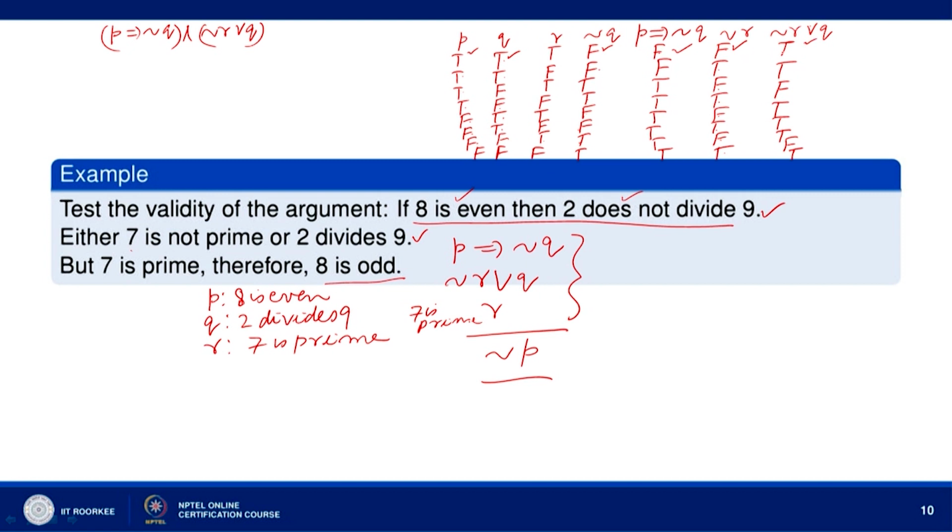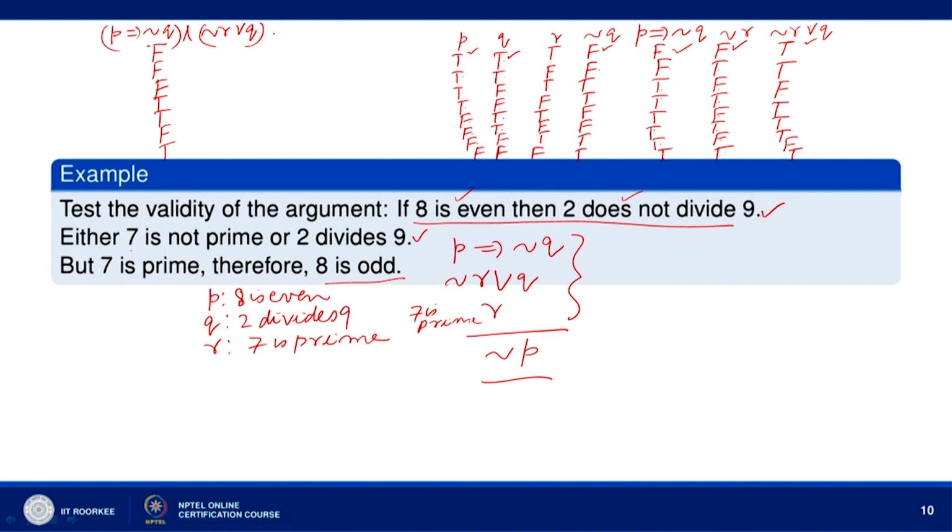Okay. So, F and T, so that is F. Okay. Then F T is F. Then T F is F. Then T T is T. Then T T is T. Then T F is F. Then T T is T.